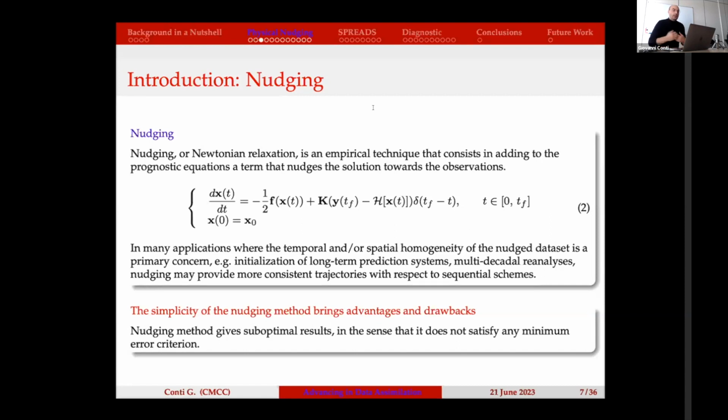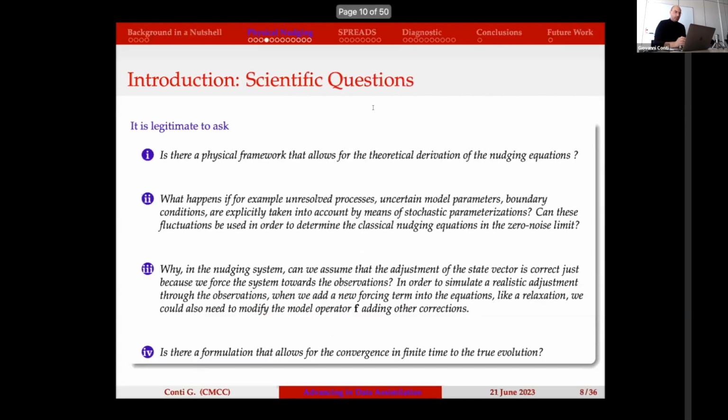Otherwise, we need something that minimizes all the moments of a distribution. So why not introduce more dynamics, more physics, and maybe we can derive this system physically, and also try to understand the other data assimilation schemes in terms of statistical physics. And we can see where we might be able to correct and improve those schemes. So it is legitimate to ask: is there a physical framework that allows for the theoretical derivation of the nudging equation?